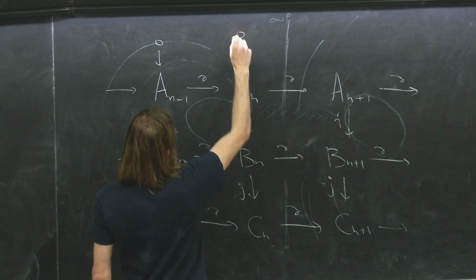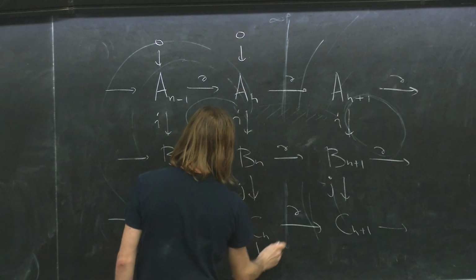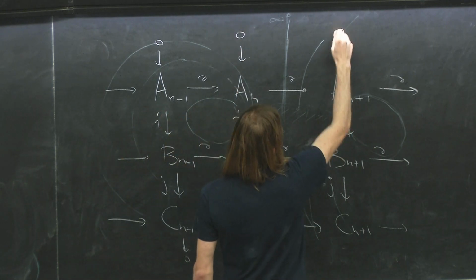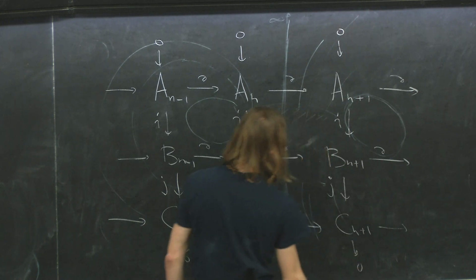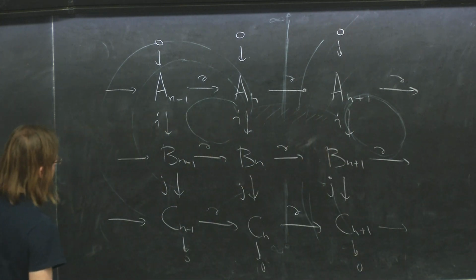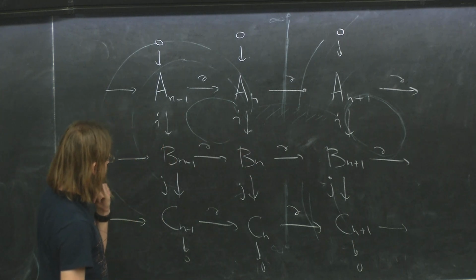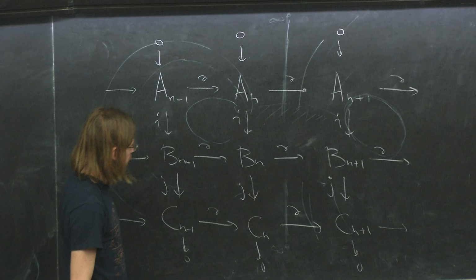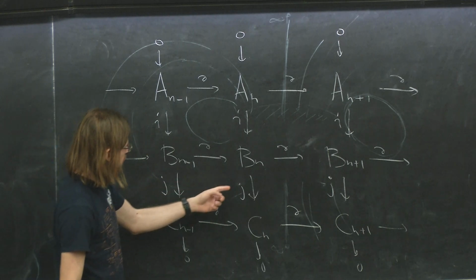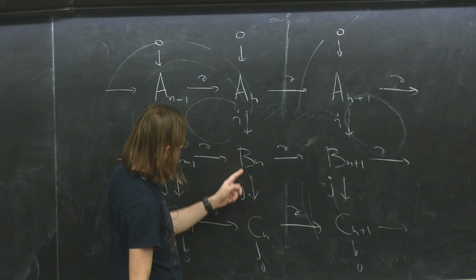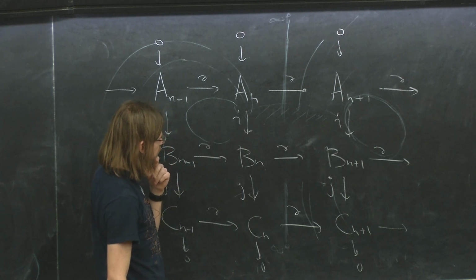Each column is a short exact sequence, which in particular tells you that each of these I maps is injective, each of the J's is surjective, and moreover, at each place here, the kernel of J is equal to the image of I.